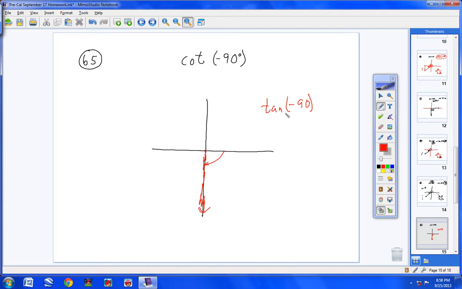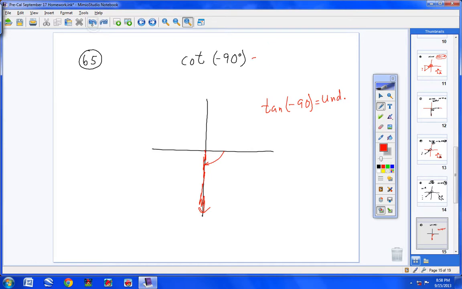Now think about that. If the tangent of negative 90 is undefined, this is going to sound kind of funny, but if I flip undefined, because I'm trying to find the cotangent of negative 90, so I first find the tangent of negative 90, and whatever I get, I flip it. If I have 0 over 1 right here, and I flip that, I get undefined.